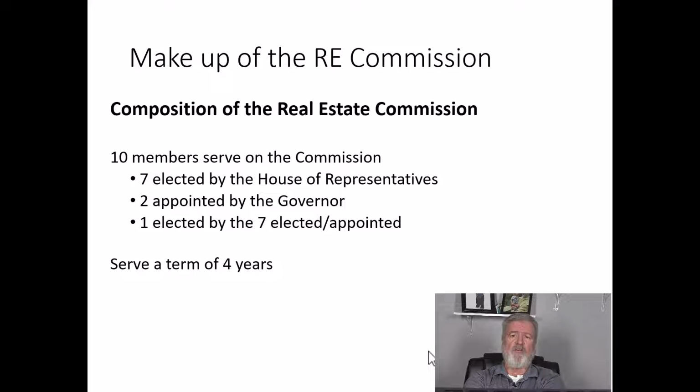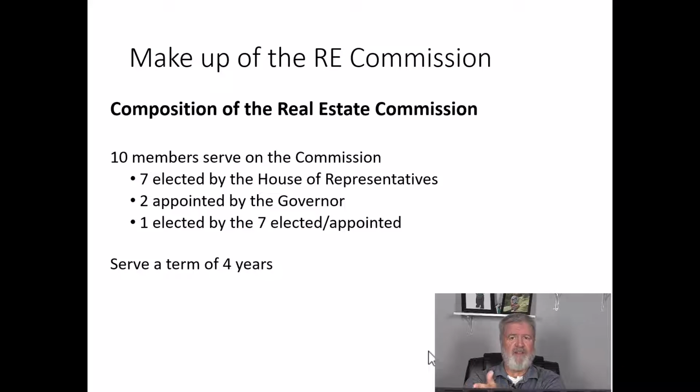But then the governor will appoint 2 others to serve on the commission. Now, the 2 appointed by the governor are not licensed real estate agents. They do not have a license and obviously do not practice real estate. But they do serve on the commission by appointment by the governor.